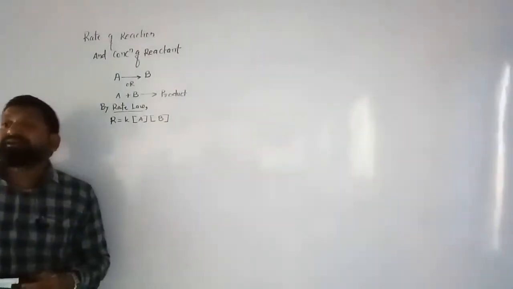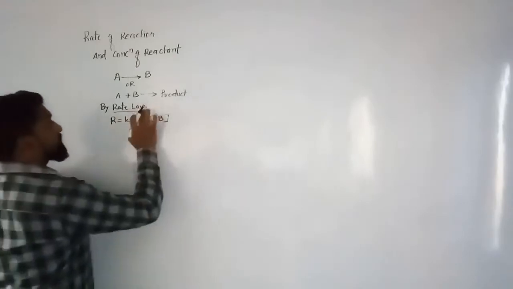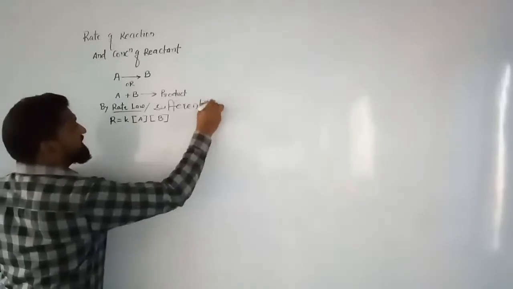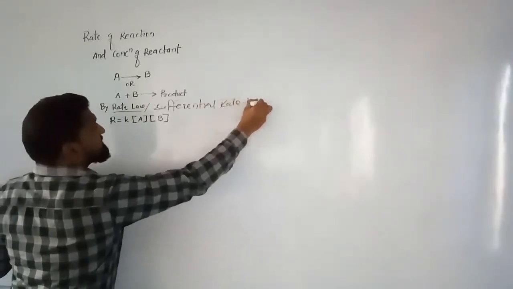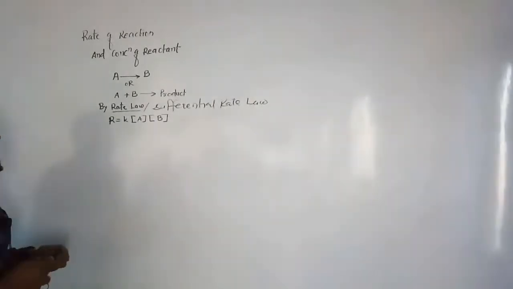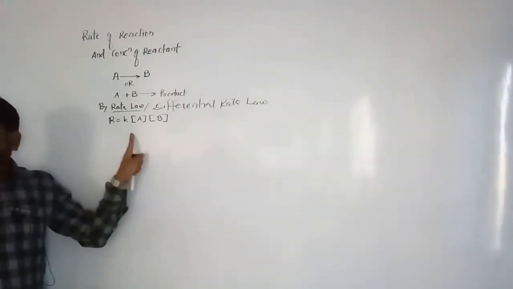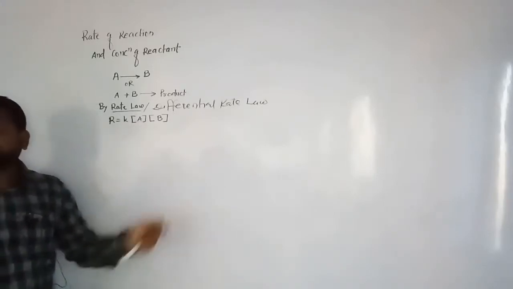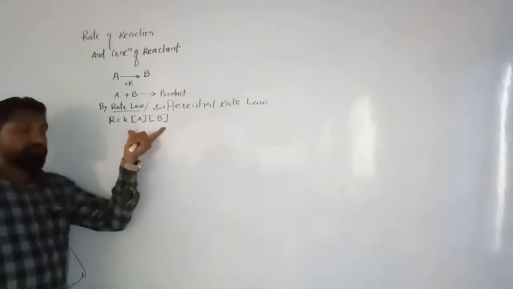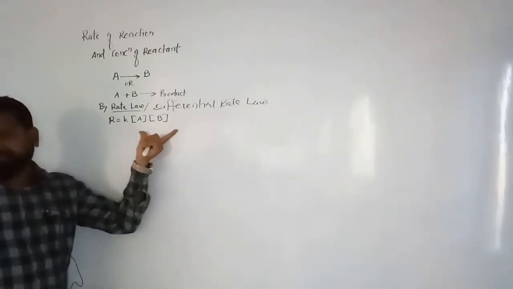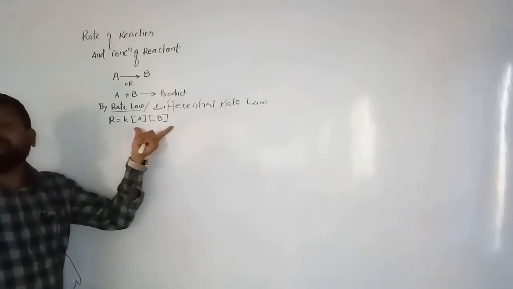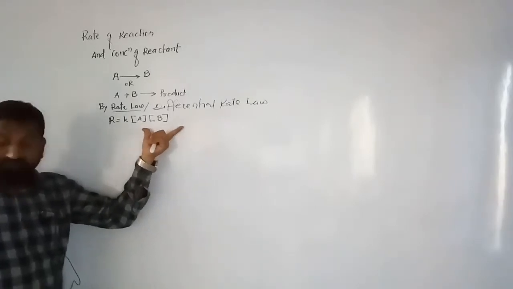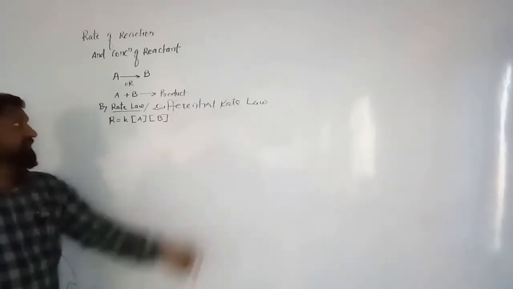It is also called the differential rate law. So the differential rate law is defined as the experimentally obtained mathematical equation in which the molar concentrations of reactants that influence the rate of the chemical reaction are expressed.